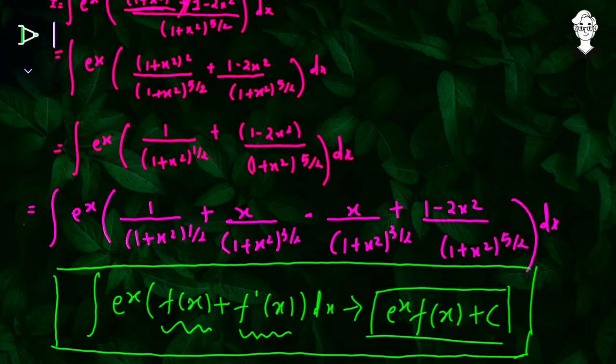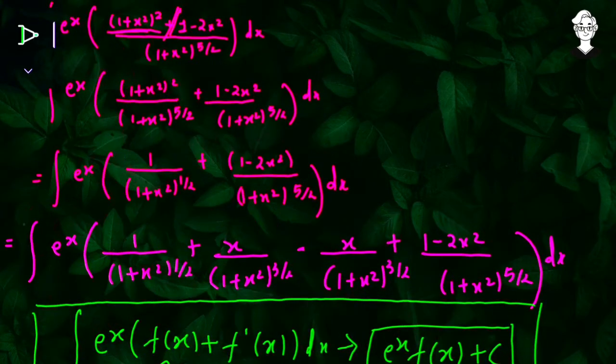So e^x is multiplied with everything in this bracket, so I will separate it this way. I will change the color so everything is clear.